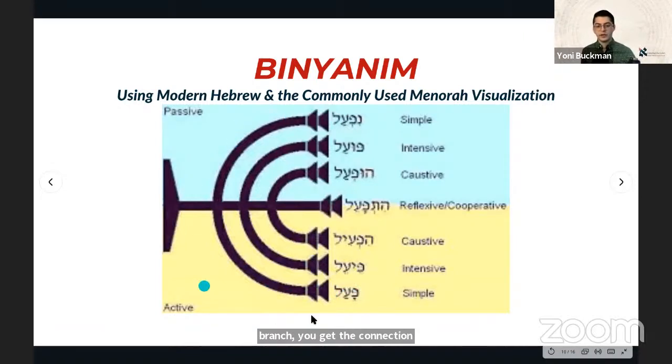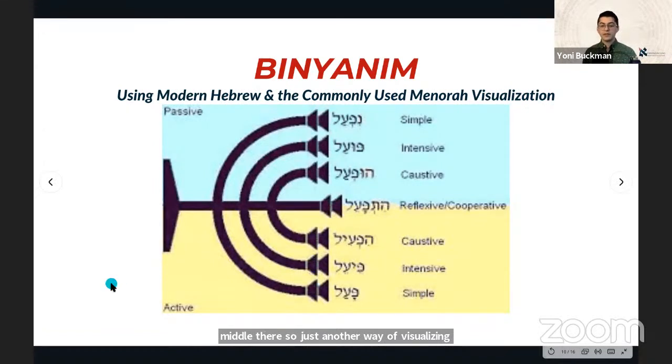So the nif'al and the pa'al are both simple. The pi'el and the pu'al are both intensive, and the hif'il and, again, this is a modern Hebrew graphic, so it'll be the hufal instead of the biblical hofal, that's causative. And then you have the standalone reflexive or cooperative here in the middle. So just another way of visualizing it.